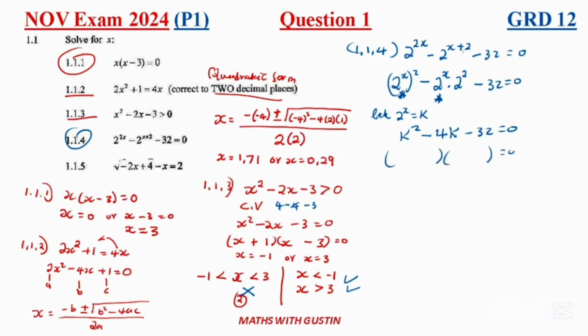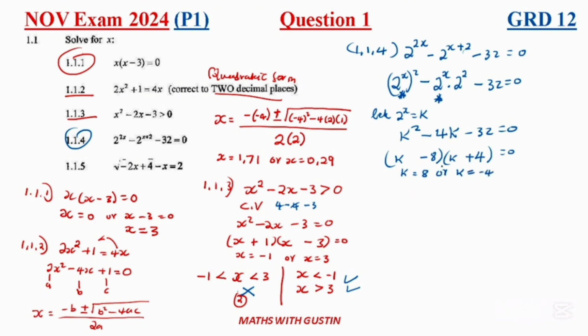Okay guys, if you are in grade 12 by now, you should really know how to factorize. So here you are going to have k, k, so 8 times 4 will give you 32. So you're going to have minus 8 here, plus 4 there. Therefore k is going to be equal to 8, or k is going to be equal to -4.